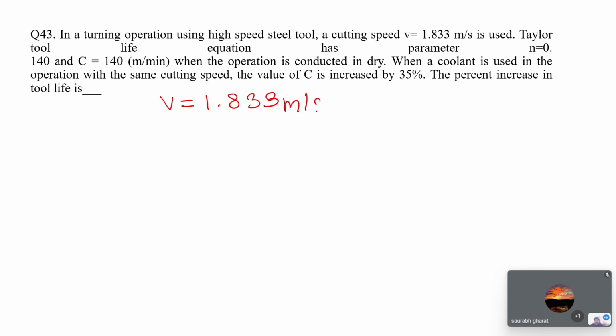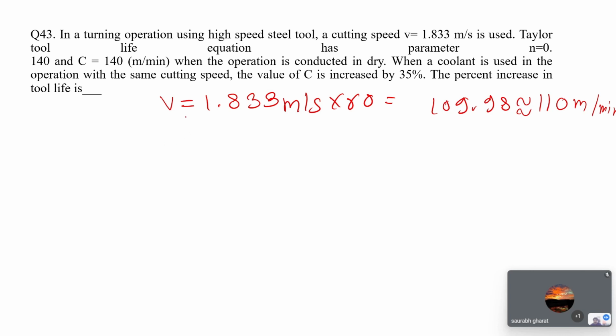In meter per second. Multiplied by 60, you get 109.98, which is approximately 110 meter per minute.